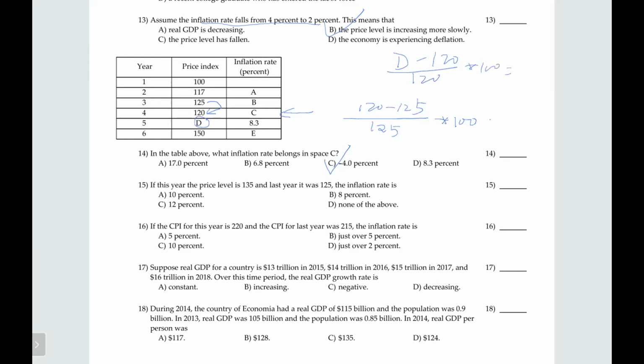This should equal 8.3, because D is changing from 120 to D, and we knew the inflation rate is 8.3. So that's why we have this equation.